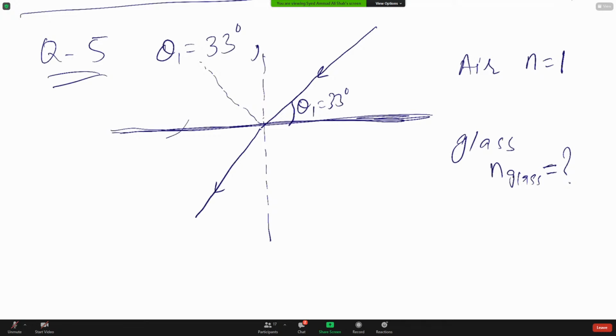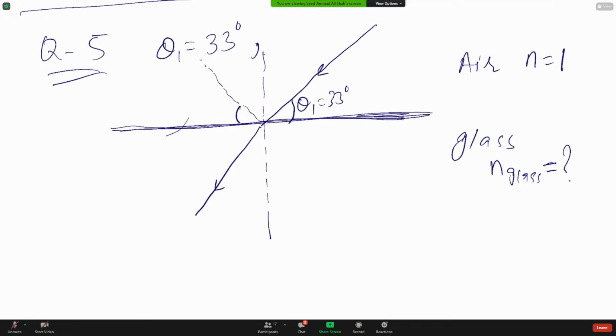If the reflected and refracted beams make 90 degrees with each other, this is your reflected part and this is your refracted part. Let's say this is theta 1, this is theta 2. These two angles are equal, this theta 1 and this one. This is also theta 1, 33 degrees. So reflected angles are always equal.